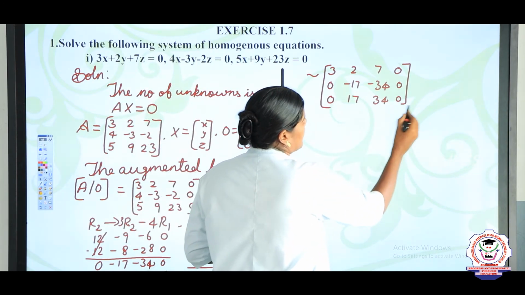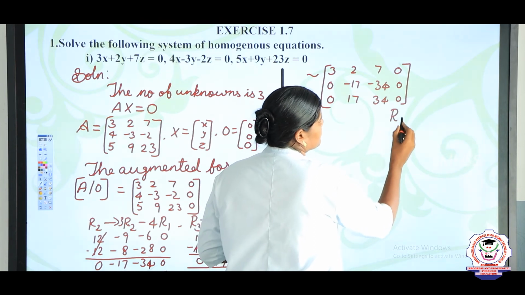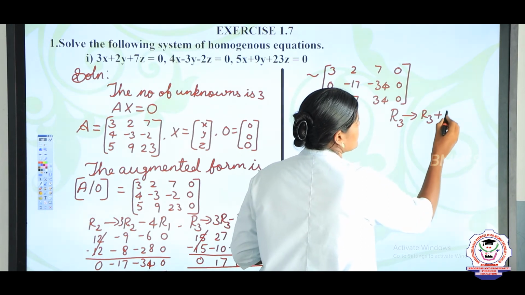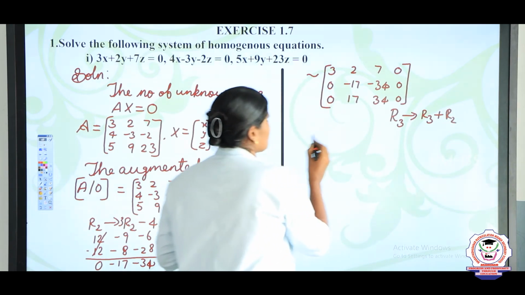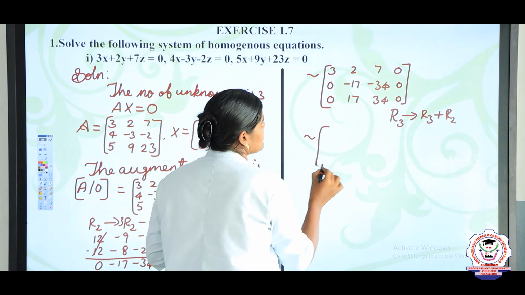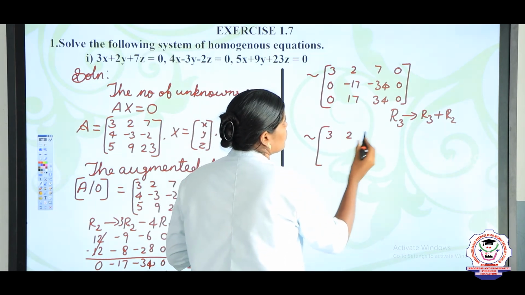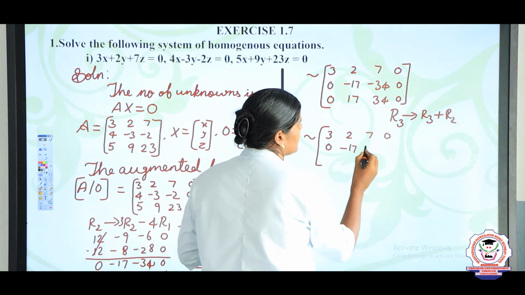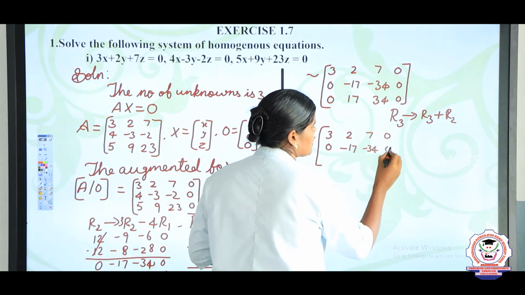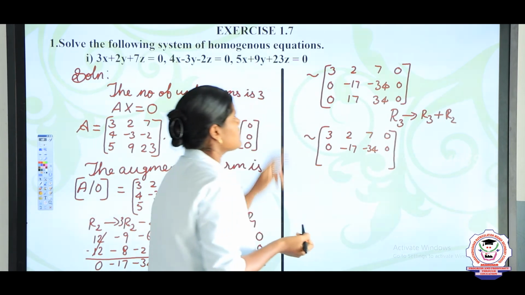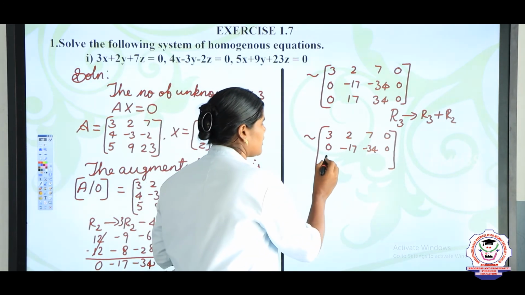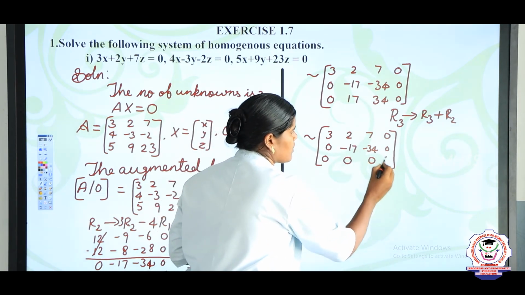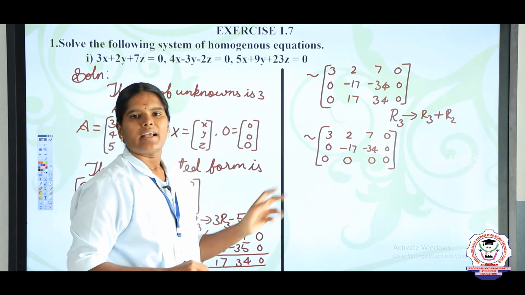So, R3 implies R3 plus R2. So, the final matrix is 3, 2, 7, 0, 0, minus 17, minus 34, 0 and final row is 0, 0, 0, 0. So, this is in echelon form.